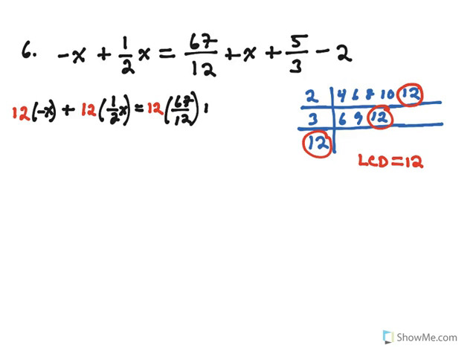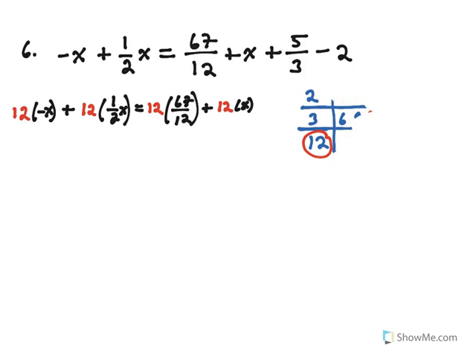Alright. May seem a little tedious, but I'm telling you, it's worth it. And I wish I had more room, so I'm going to have to erase this here. Okay, so we agreed that our LCD was 12, right?